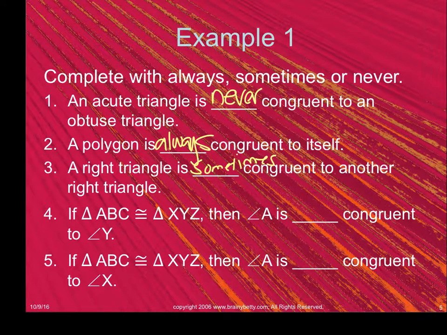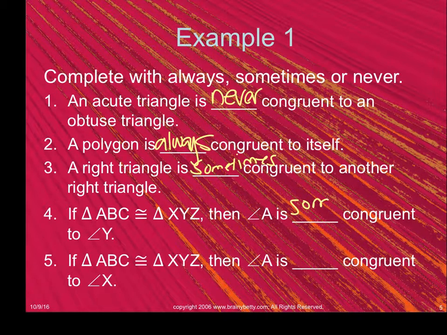If triangle ABC is congruent to triangle XYZ, then angle A is blank congruent to angle Y. Think about it. Sometimes. When would it be sometimes? When they have the same measure. So if two angles have the same measure, then what kind of triangle is that? Good. Okay, we haven't even gotten to it yet, but if you think about it, it has to be isosceles.